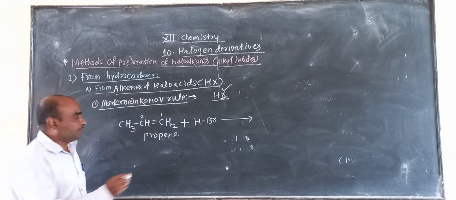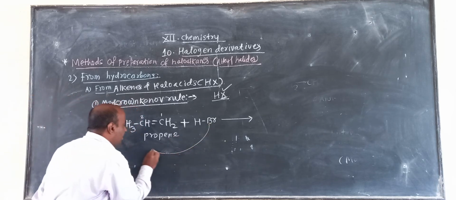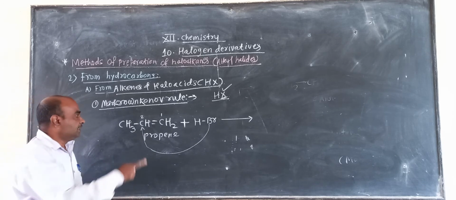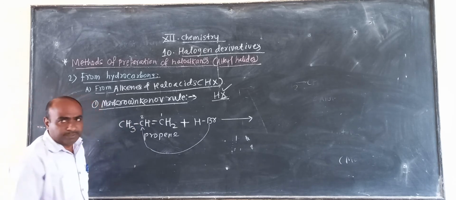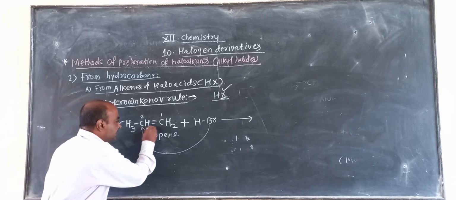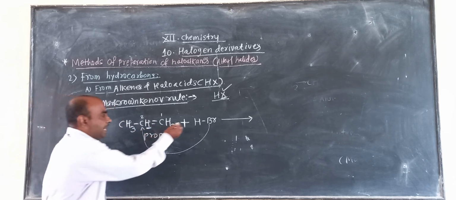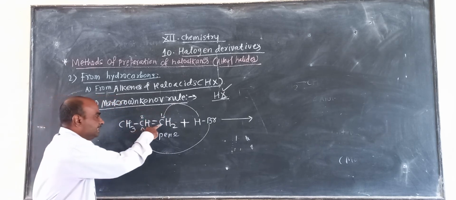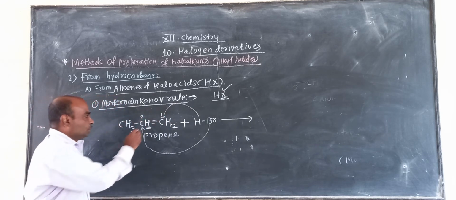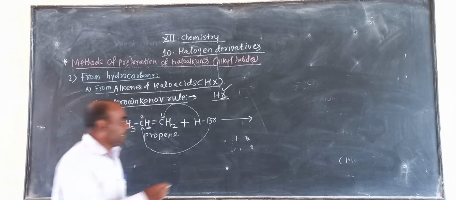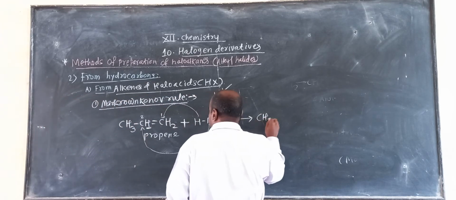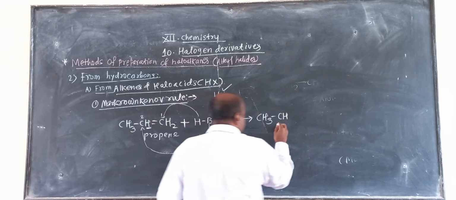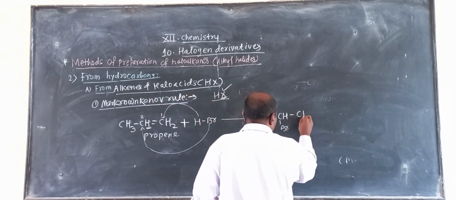So according to the Markovnikov rule, addition of the halogen atom, that is the bromine atom, always takes place on carbon number 2, and you get the product CH3CH, bromine gets added here, and CH3.